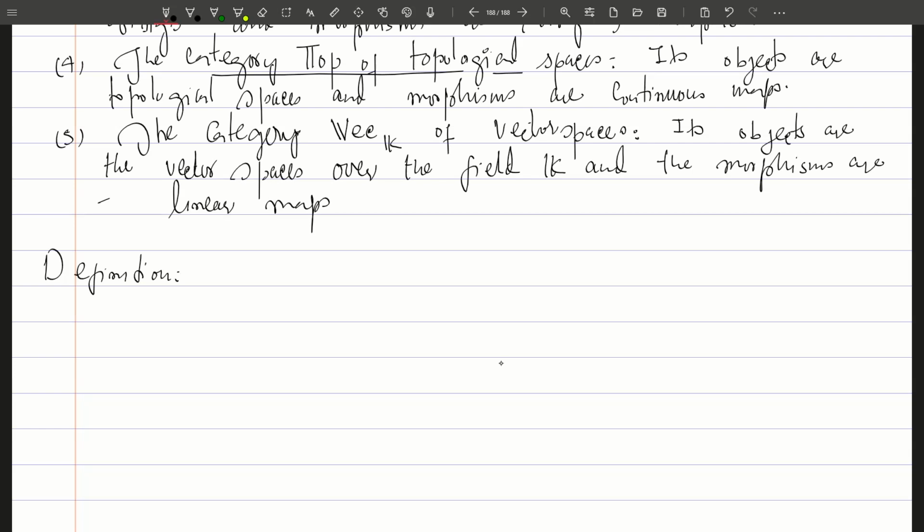So let us suppose A is a category and let us pick two objects in the category. So let A and B be two objects in the category.